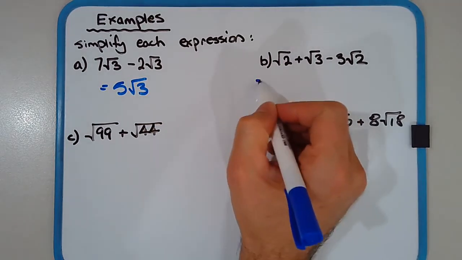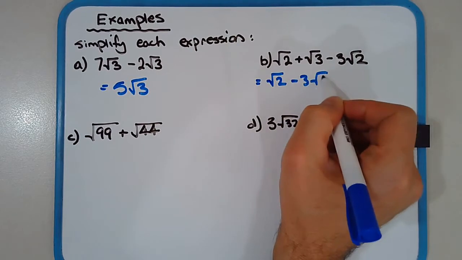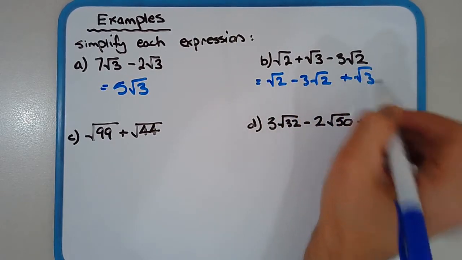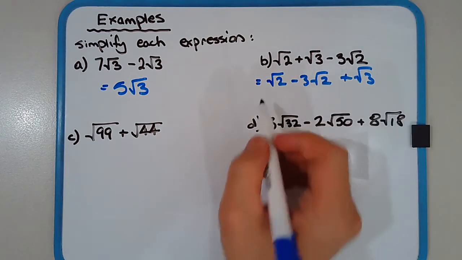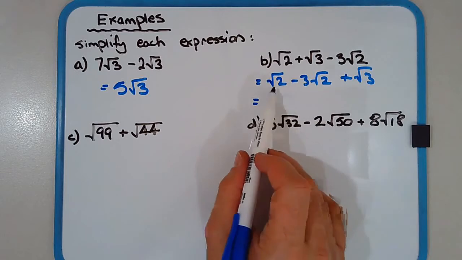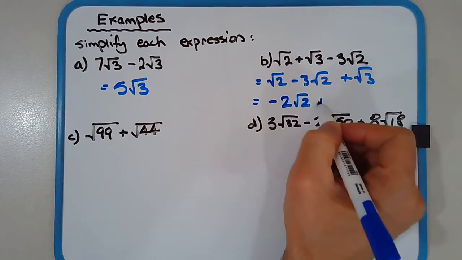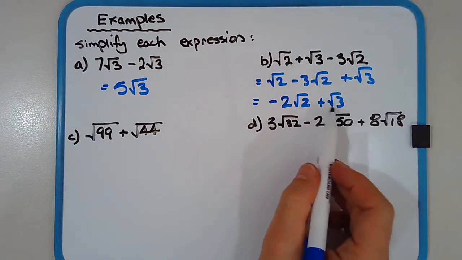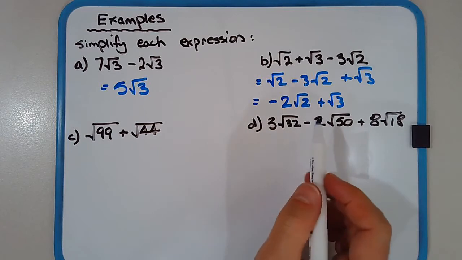I'm just going to rearrange these terms so you can see what's going on. I've swapped the positive root 3 and the negative 3 root 2 around, and we can now combine the root 2s together. So root 2 minus 3 root 2 is negative 2 root 2 plus root 3, or you could write it as root 3 minus 2 root 2. It doesn't really matter which way.